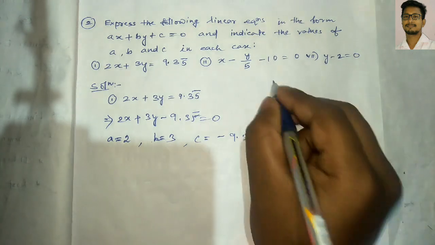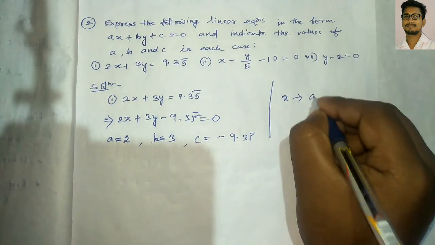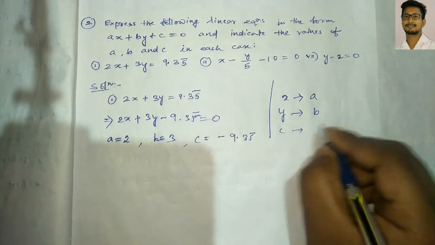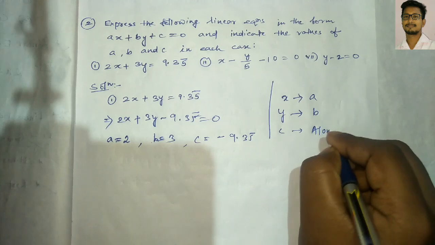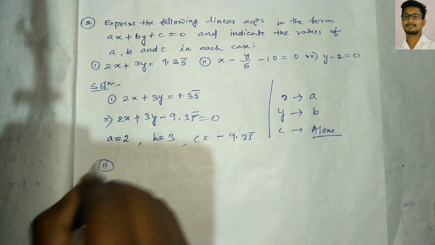You should always remember that a remains with x, b remains with y, and c is alone, it is the constant. Clear? Now let us solve Roman 2.